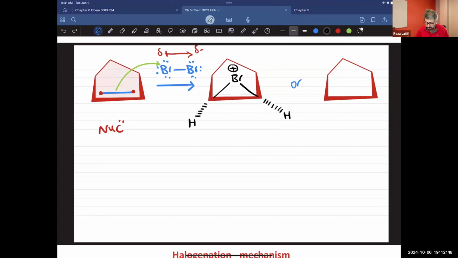Or I can add the bromine from the bottom of the molecule. If I add the bromine down here, that means the hydrogens will be in this position.